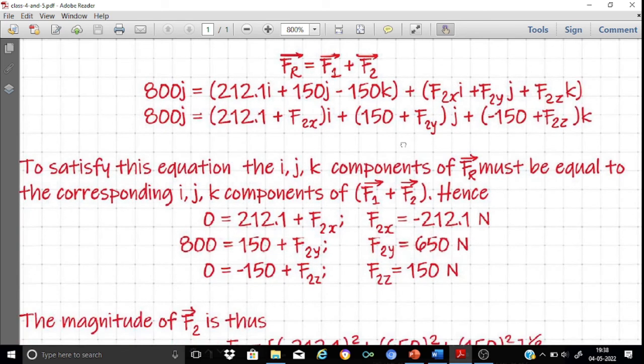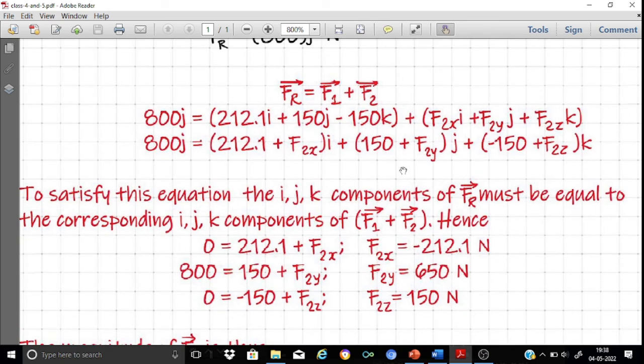We obtain three equations which contain the unknowns F2x, F2y and F2z. Equating the coefficients for i, we obtain 0 equals 212 plus F2x. On equating the coefficient for j, we obtain 800 equals 150 plus F2y. And equating the coefficient for k, we obtain 0 equals minus 150 plus F2z.